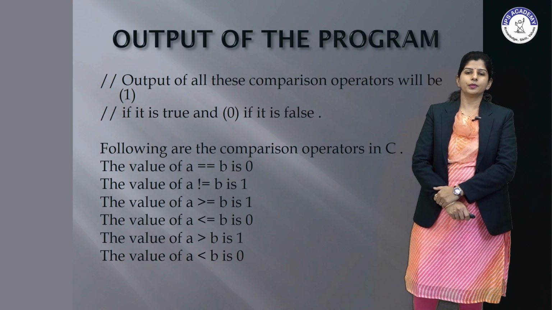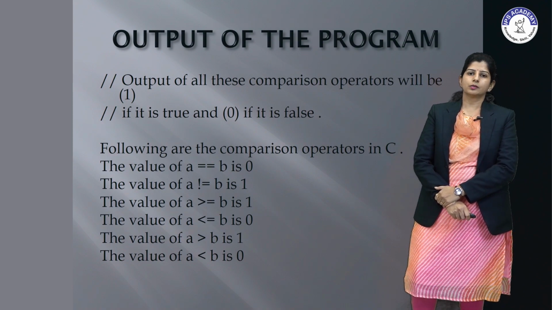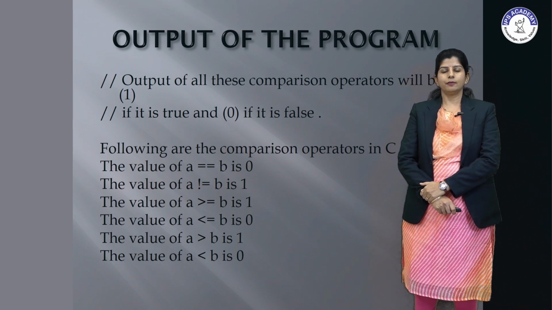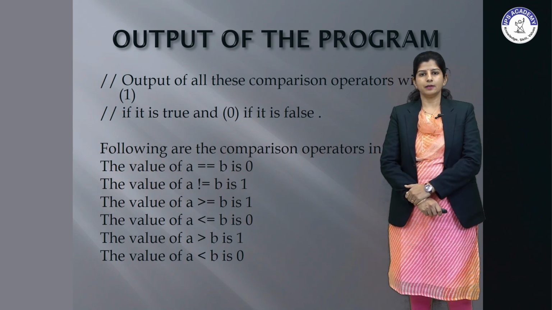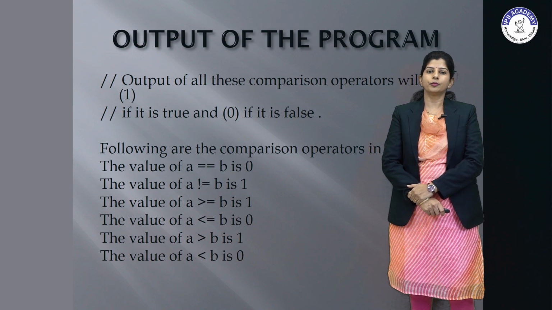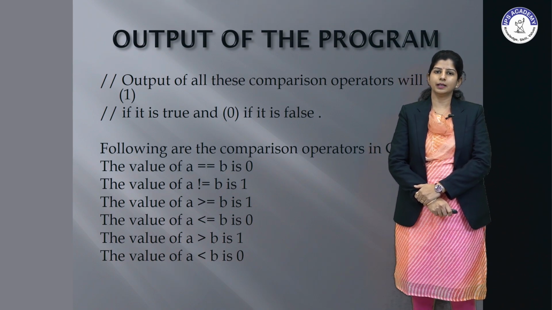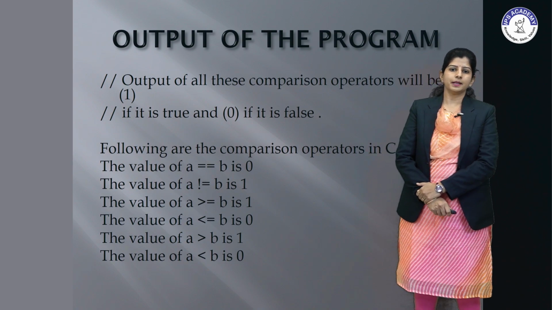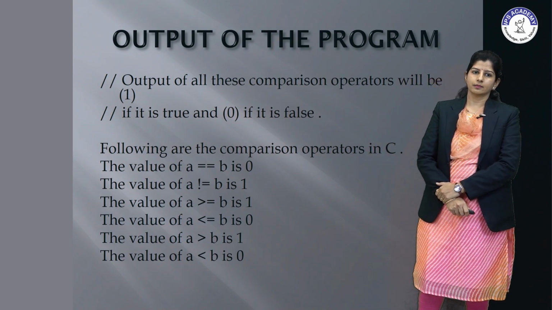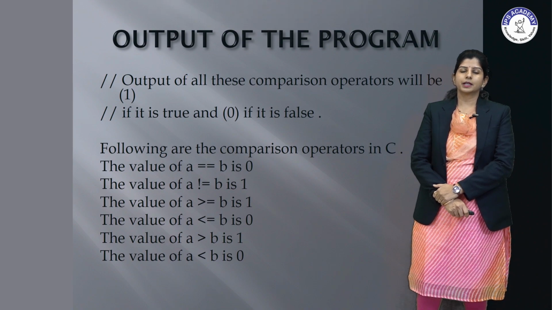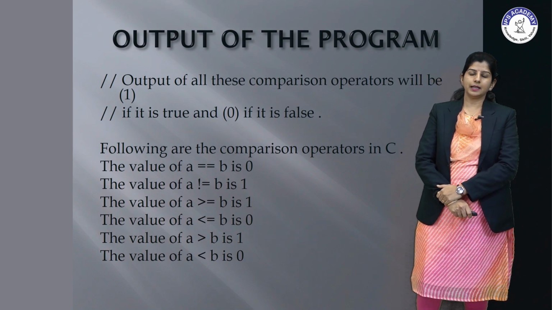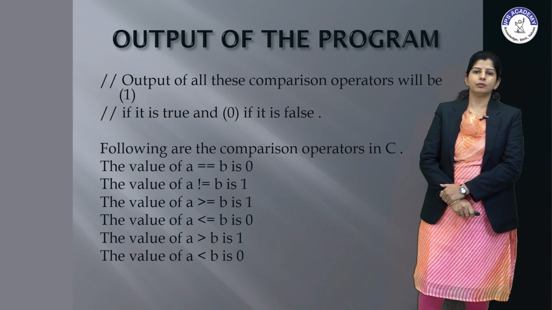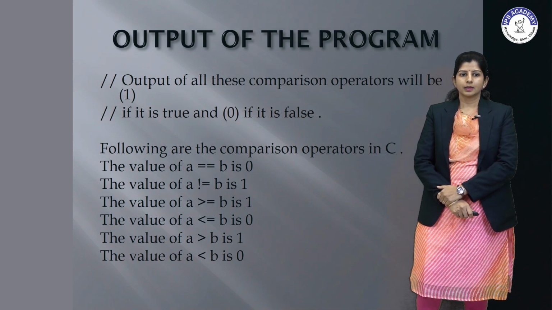It is a rule of the C programming language, because all relational operators help us to compare variables, and when we compare, we get the result in the form of true or false, that is 1 or 0. The output of all these comparison operators will be 1 if it is true. If our condition is satisfied, then it will give 1, and if the condition is not satisfied, then it will give me the answer 0.